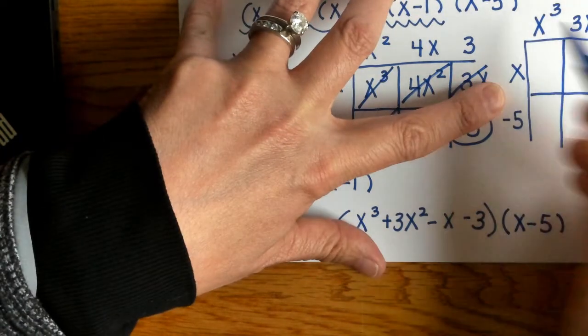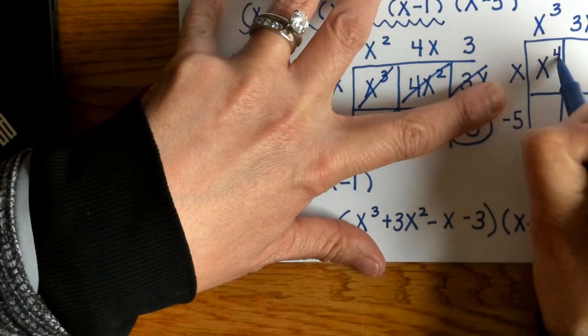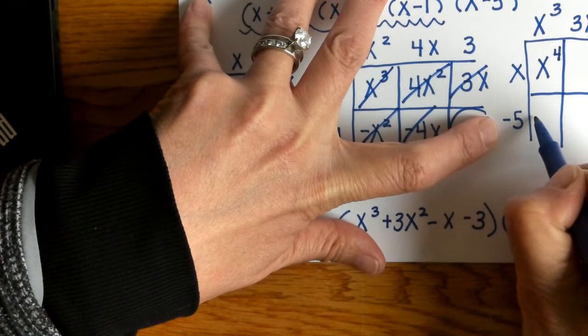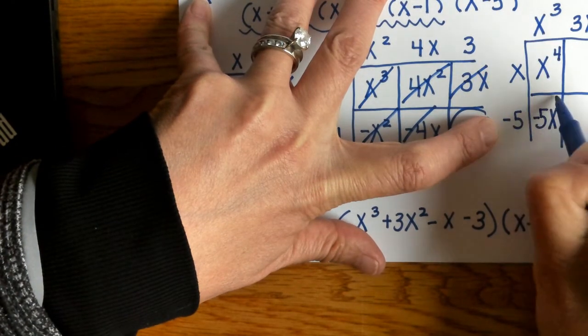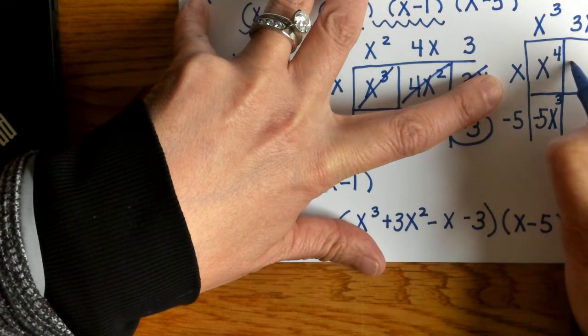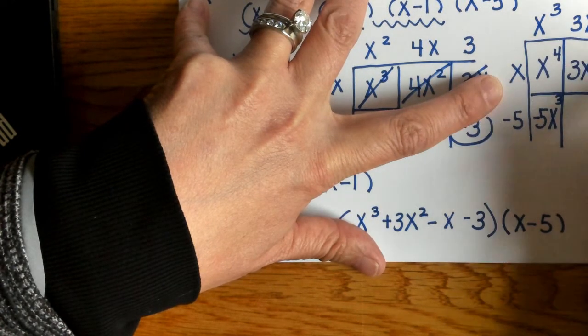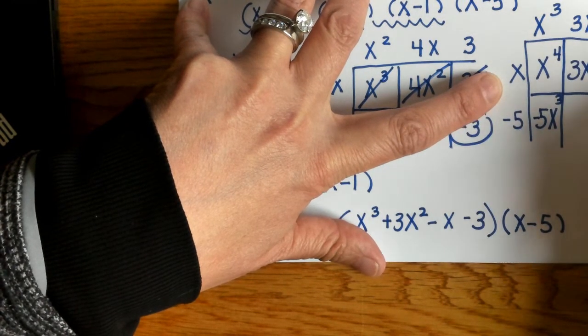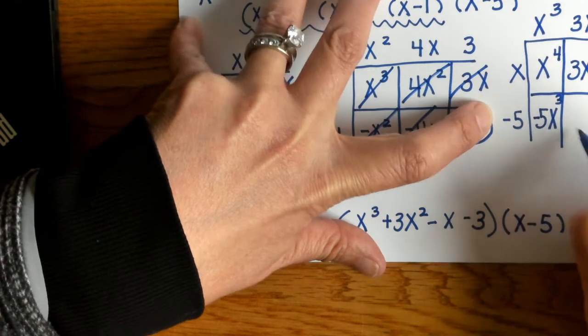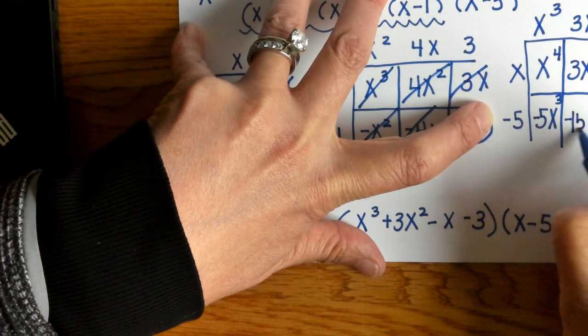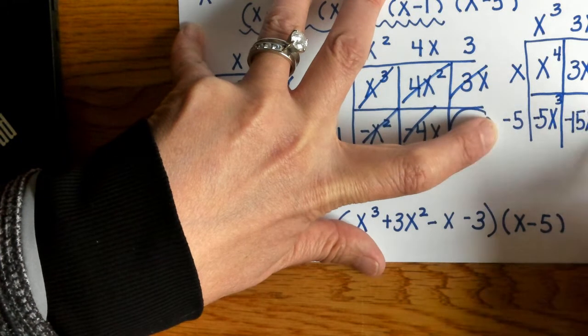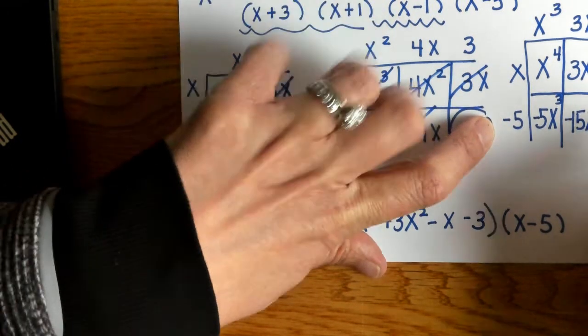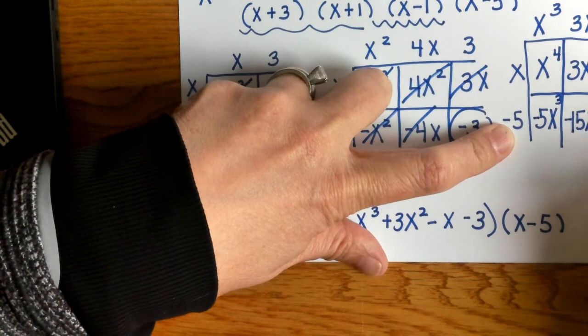Alright, x times x to the third is x to the fourth. X to the third times negative 5 is negative 5x to the third. X times 3x squared is 3x to the third. Negative x squared, negative 3x, negative 15, x squared, positive 5x, and negative 5 times negative 3 is positive 15.